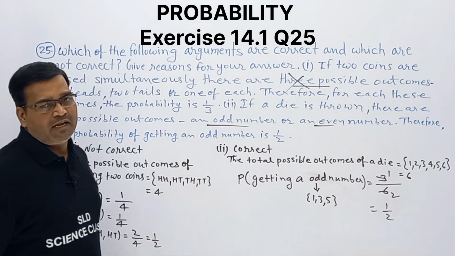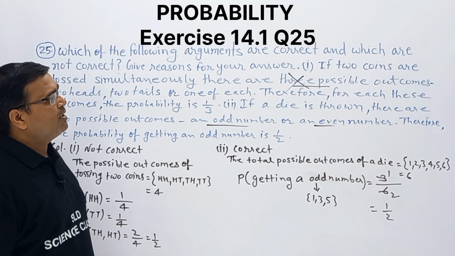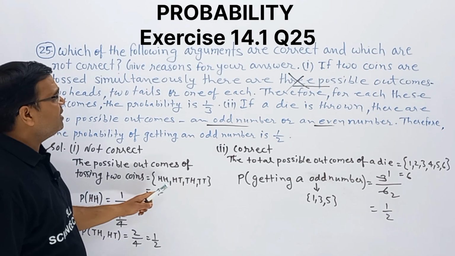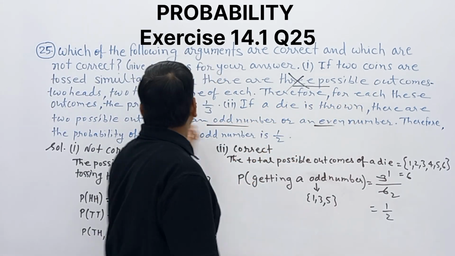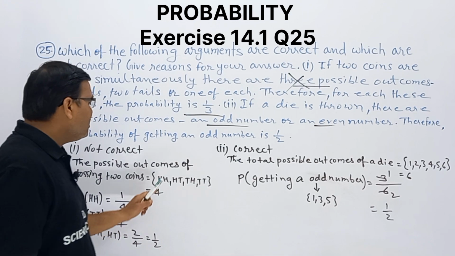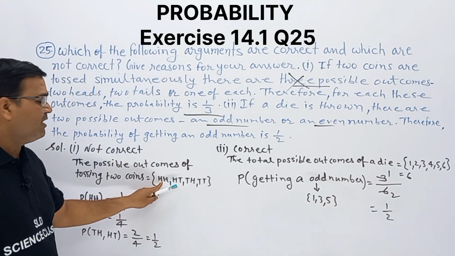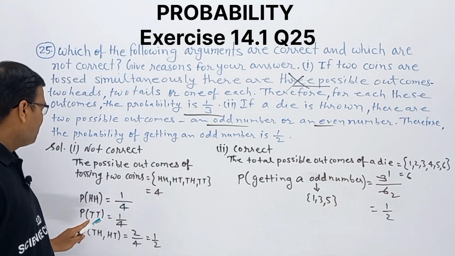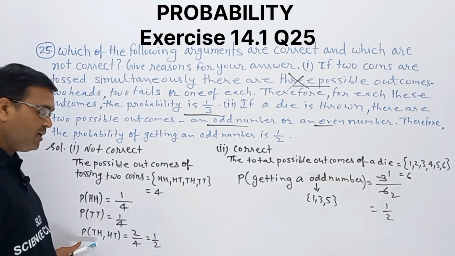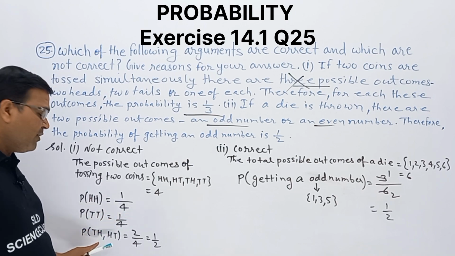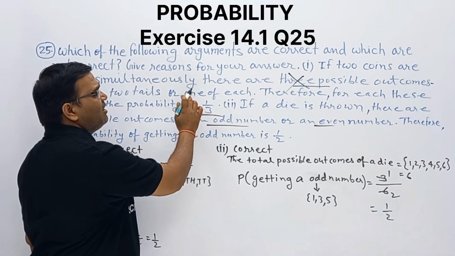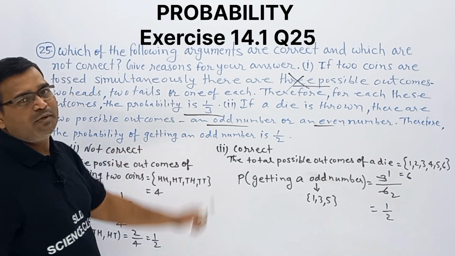So this argument is not correct. For getting head head, probability is 1 by 4; getting tail tail, 1 by 4; getting one head and one tail, 1 by 2. But the question says 1 by 3, which is wrong. So the first one is not correct.